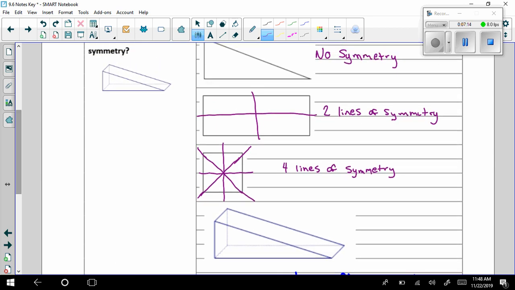All right, so when you put all those together in this 3-dimensional shape, you can see here that in this square, and I'll do the best I can to draw these, we have those 4 lines of symmetry.